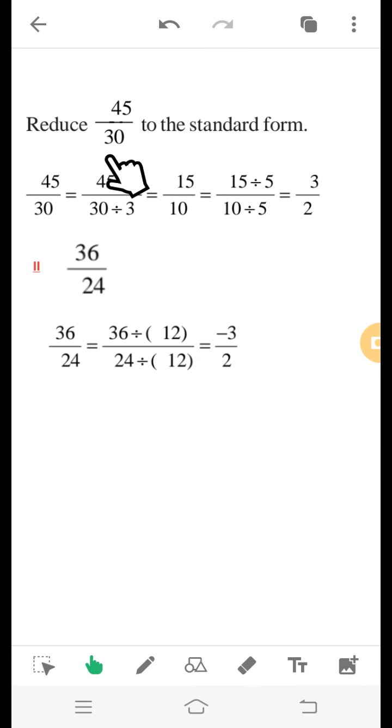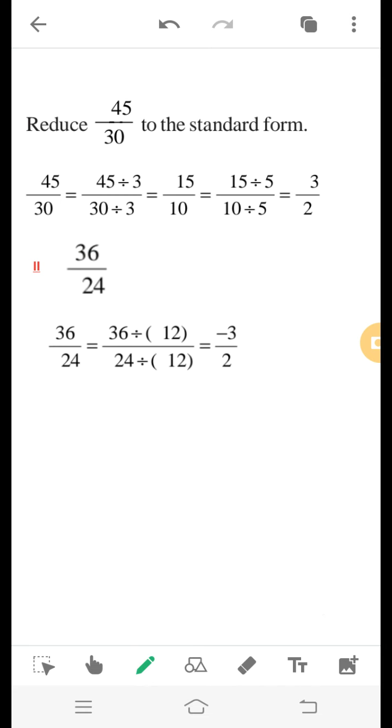Reduce 45 divided by 30 to the standard form. Now just divide both numerator and denominator by the same number 3. So 45 divided by 3 is 15, 30 divided by 3 is 10. Now 15 divided by 10 still has a common factor, so again divide by 5. 15 divided by 5 is 3, 10 divided by 5 is 2.